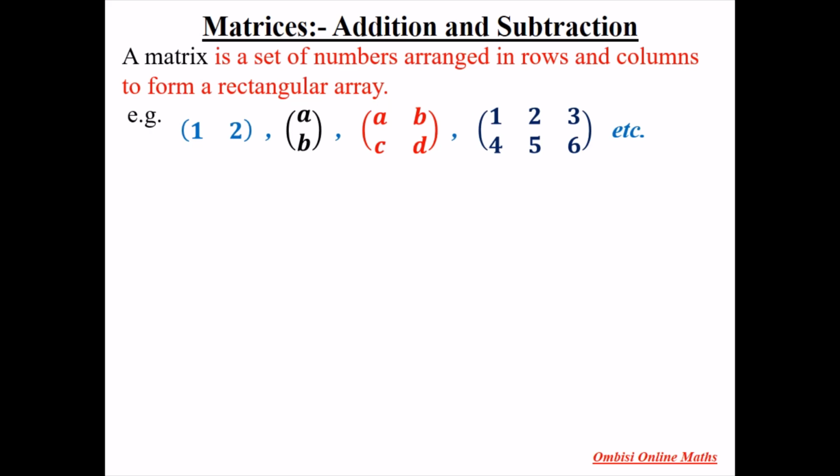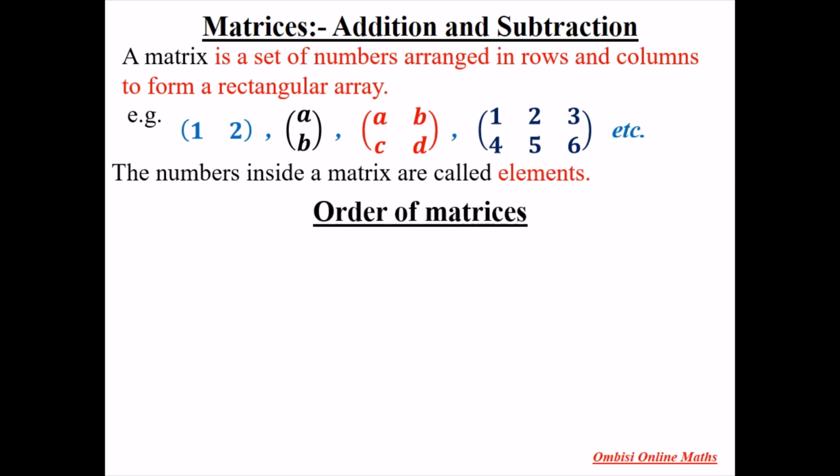We also have a matrix 1, 2, 3, 4, 5, 6, which has two rows and three columns. The numbers inside a matrix are called elements. In the first one, 1 and 2 are elements. A and B are elements. A, B, C, D are elements. 1, 2, 3, 4, 5, and 6 are also elements.